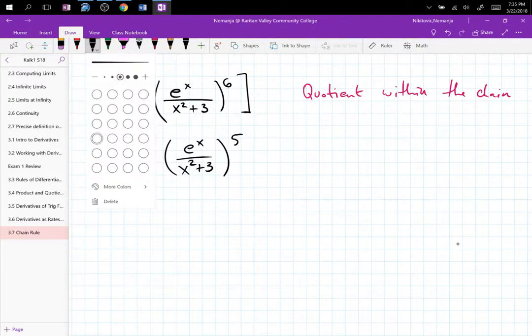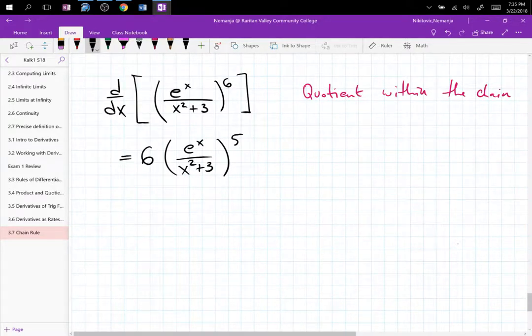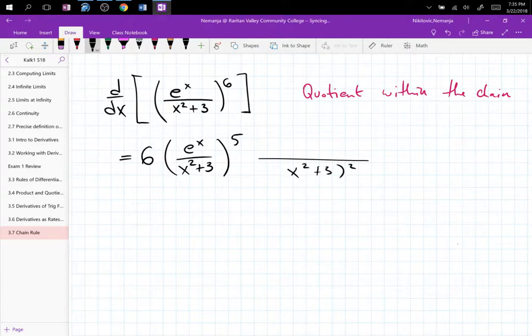The derivative of the inside is this quotient rule. So you take x squared plus 3 and square it. X squared plus 3 gets copied. The derivative of e to the x is e to the x, minus copy e to the x, and then 2x here.